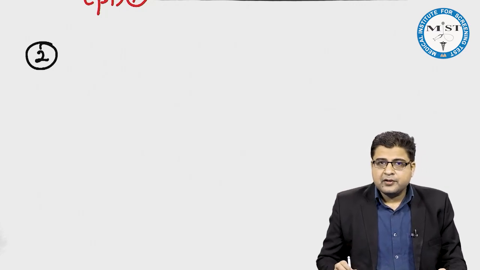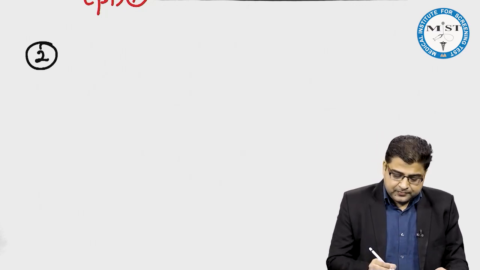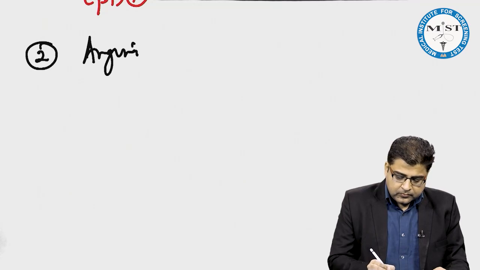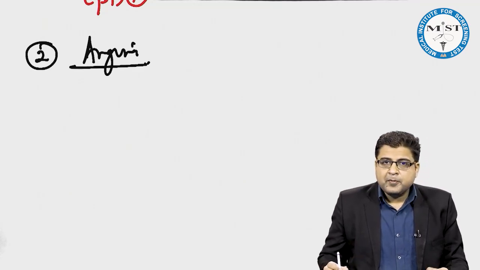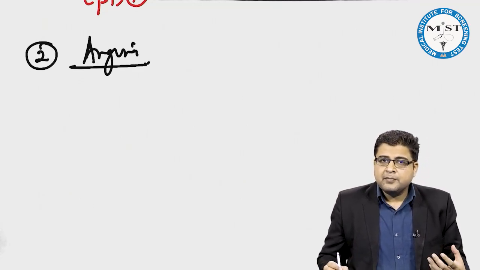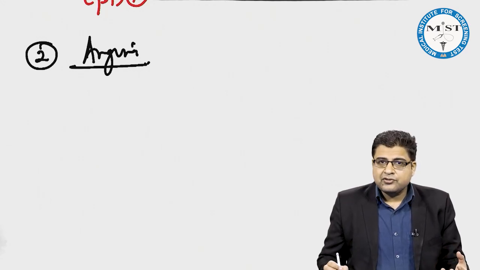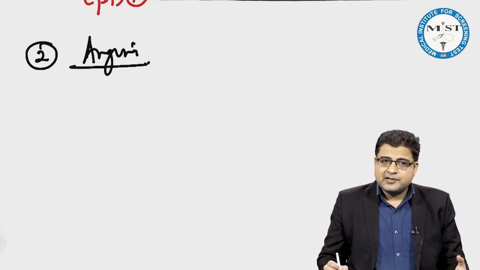Number 2 indication where beta blockers are used is angina. So we already know this point. There are mainly two types of angina: classical angina and vasospastic angina.